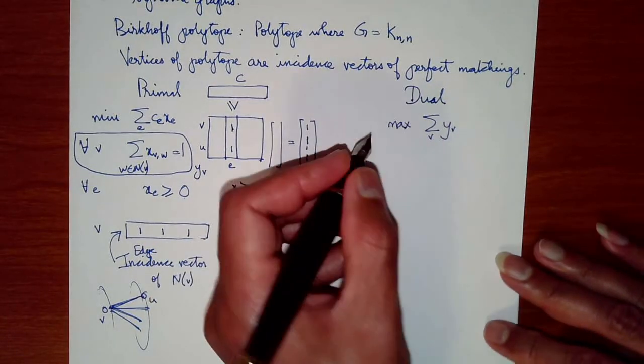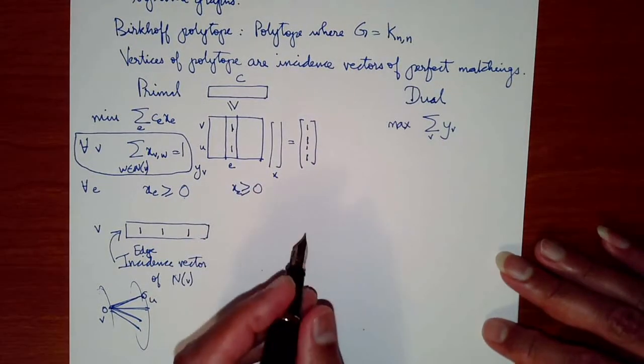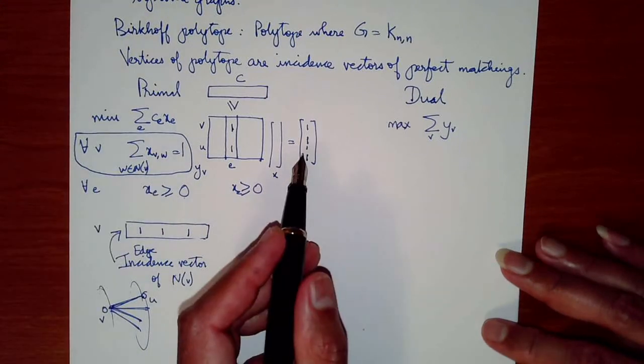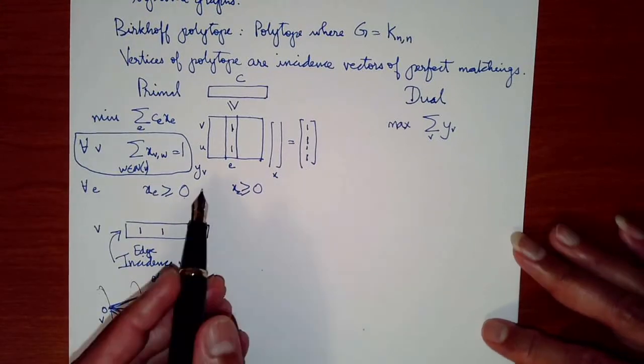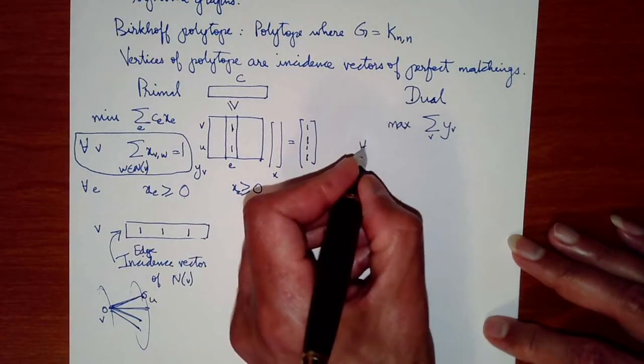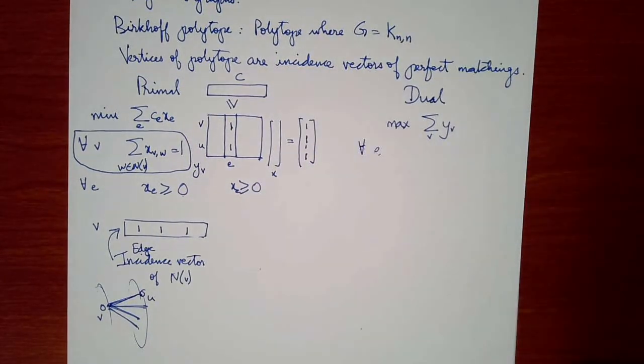The constraints: because these are all equality constraints, the YVs are unconstrained. And then for every edge, we will have one constraint that basically corresponds to the column of the matrix.